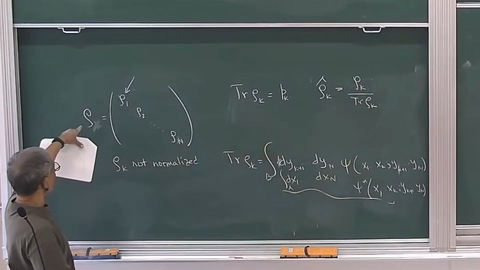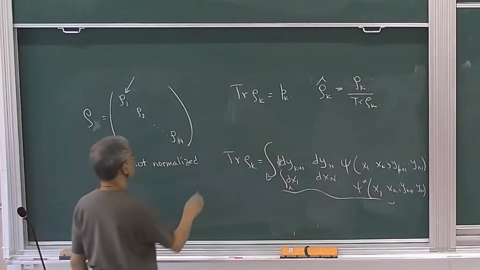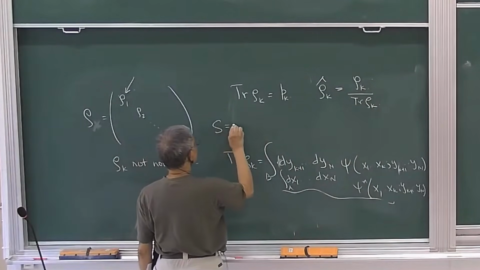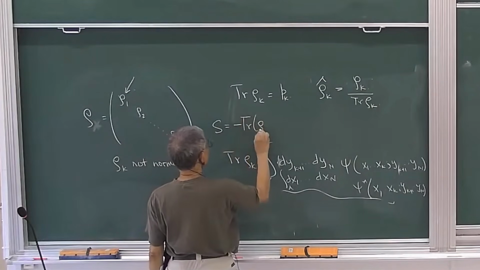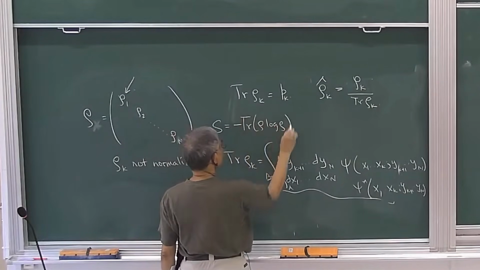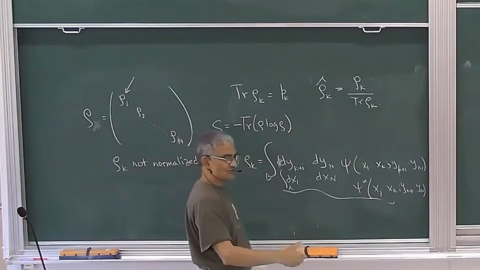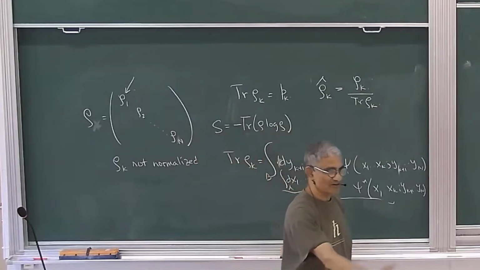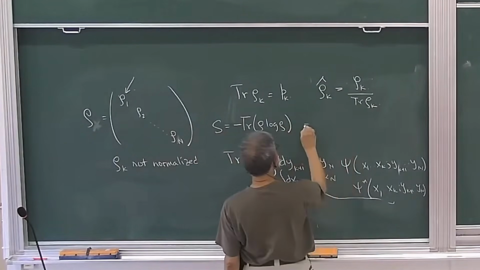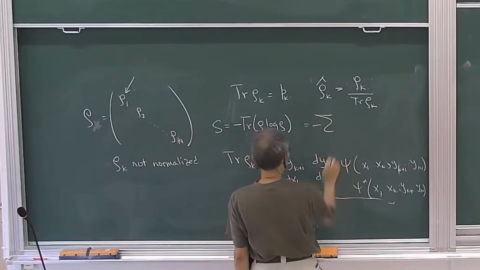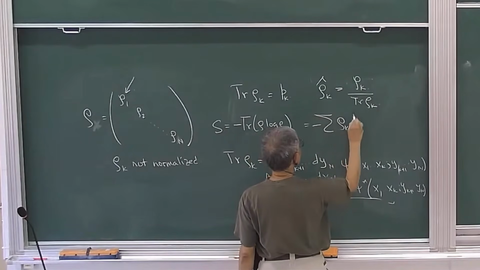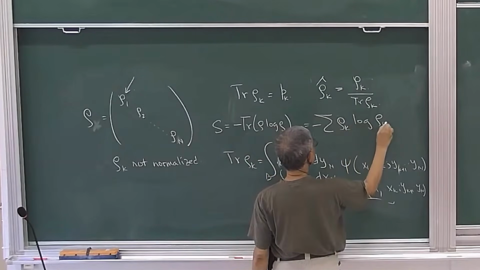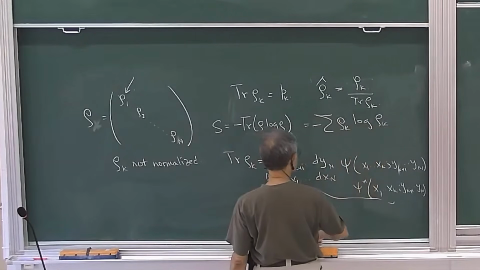And if I start with calculating with this density matrix, the entropy is trace rho log rho. This trace breaks up into traces of one particle, two particle, three particle things. That's a sum over rho k log rho k, and I'm now running over space.